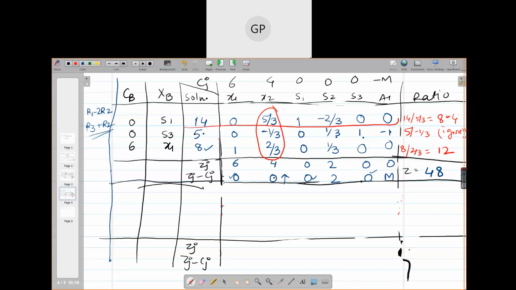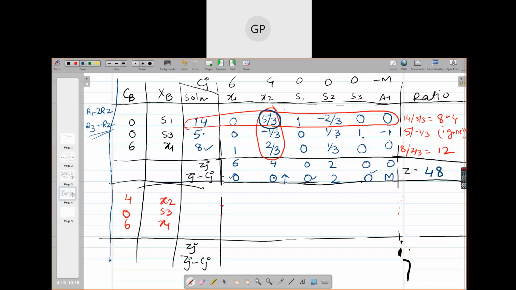That means S1 can be replaced by X2. So S1 की जगह पे मैं लिख रही हूँ X2. ये X1 already है मेरा and S3 है 0. Then this is 4 and this is 6. Yes, what is the pivot element? Come on girls, answer my questions. 5 by 3.